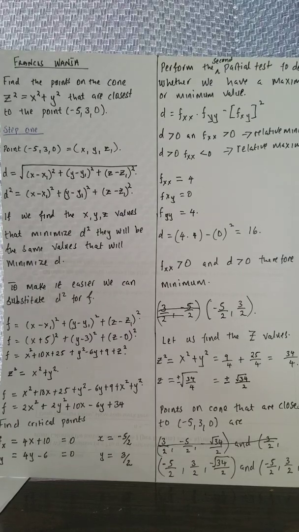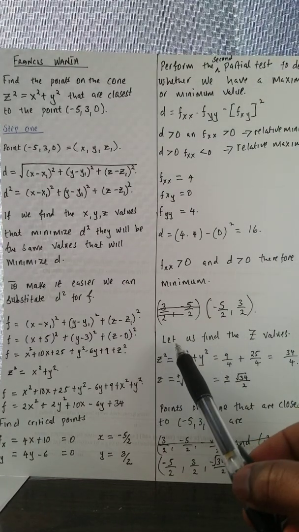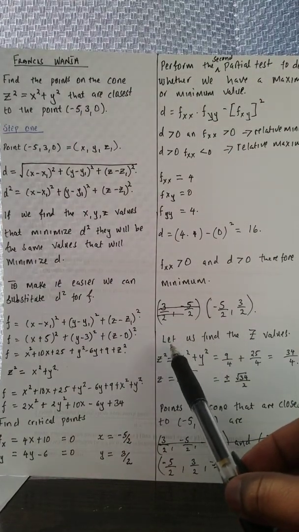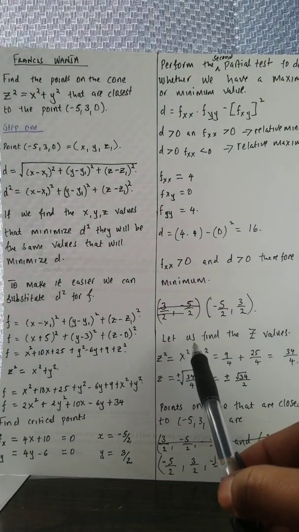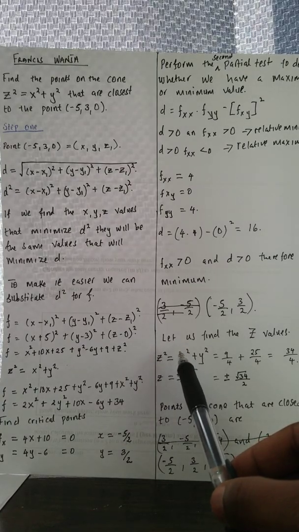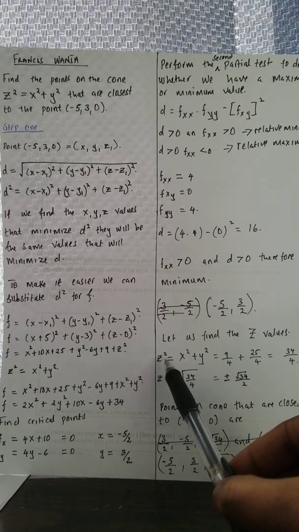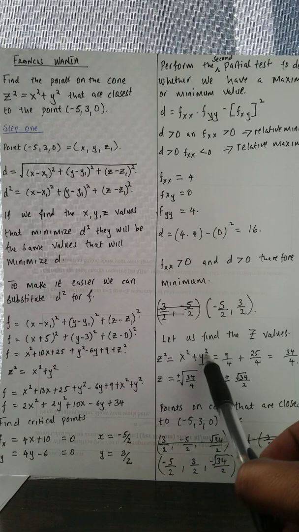The last thing remaining is to find the z values, which we get by substituting the x and y values.